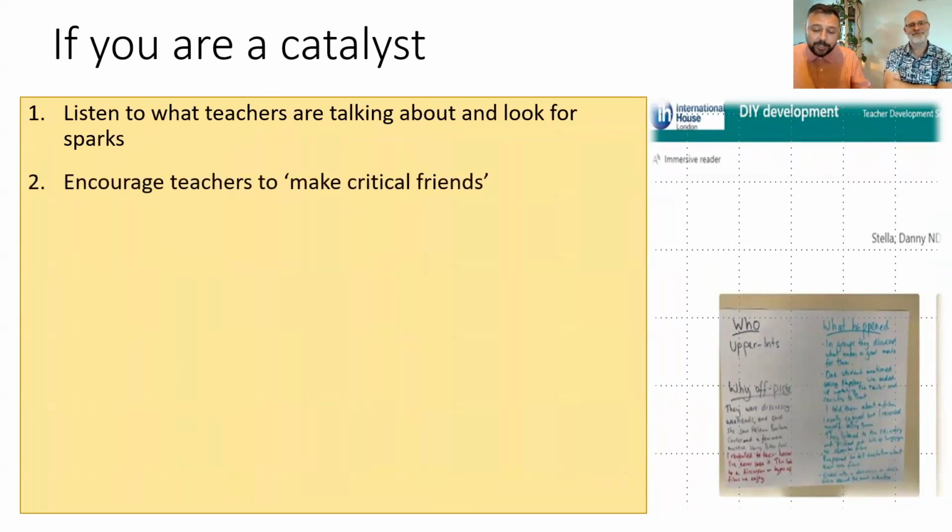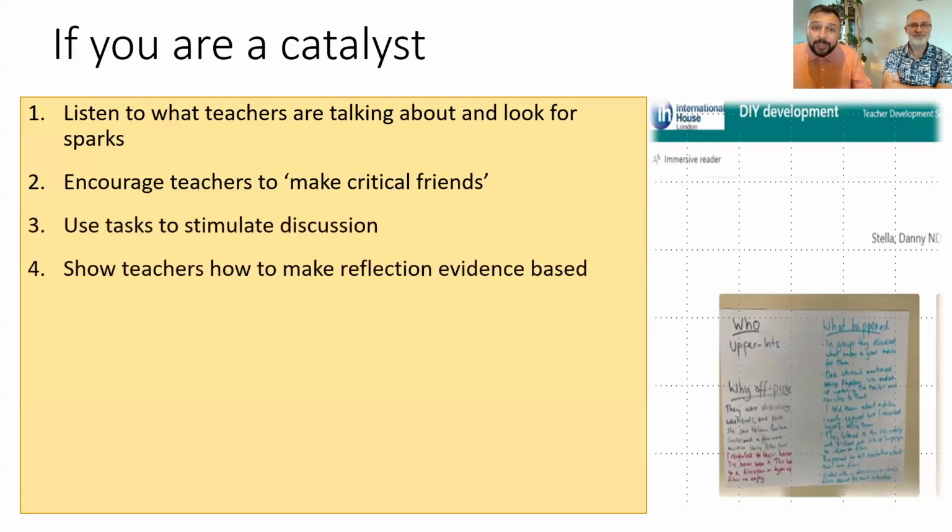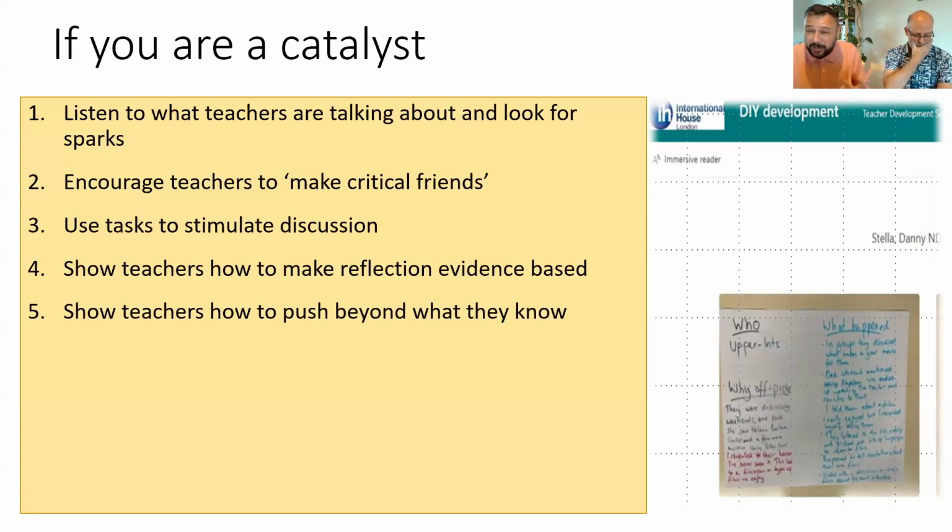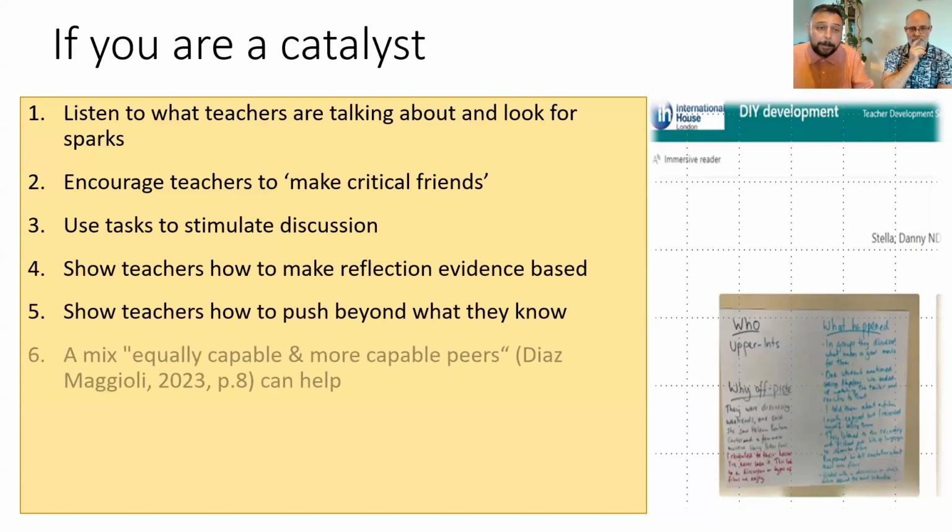Encourage teachers to make critical friends and use tasks to stimulate discussion. Show teachers how to make reflection evidence-based as opposed to it being very general. Show teachers how to push beyond what they know, to explore their beliefs, explore what's behind what they think they're doing.